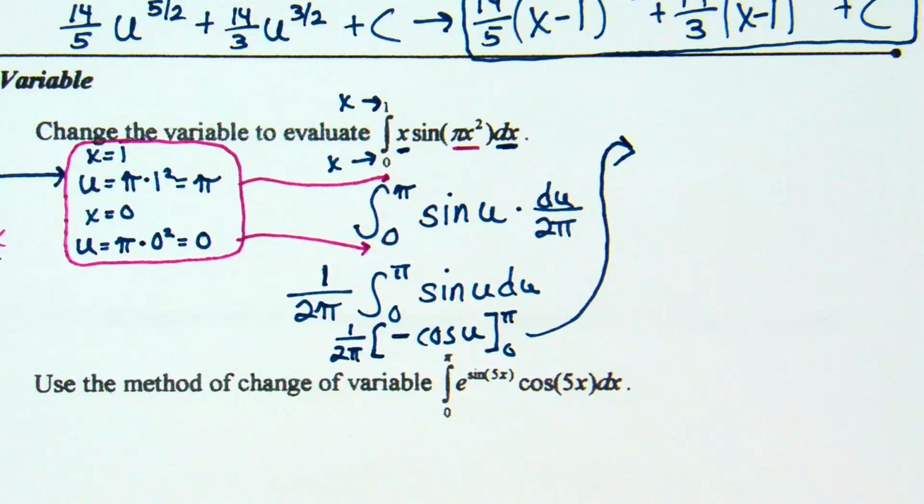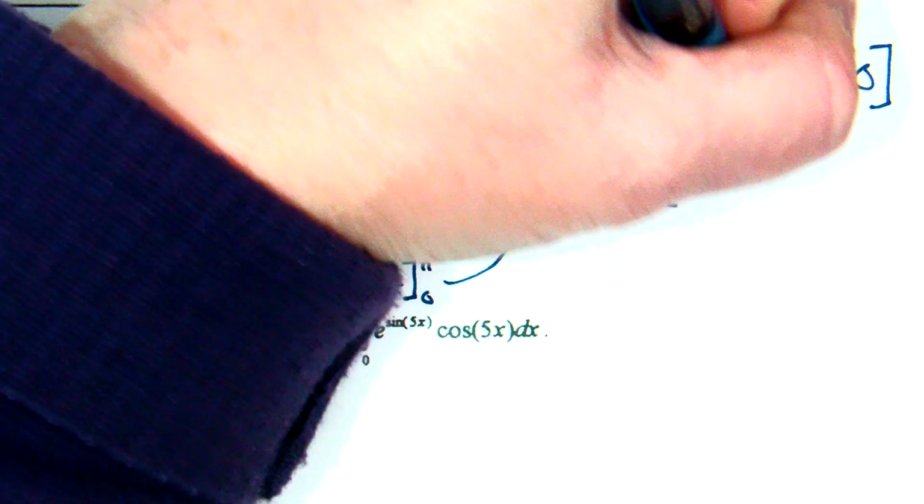What's cosine of 0? 1. 1 plus 1 is 2, and that number times 1 over 2 pi? Yeah, it's 2 over 2 pi, which does become 1 over pi, is how I'm going to express my answer.